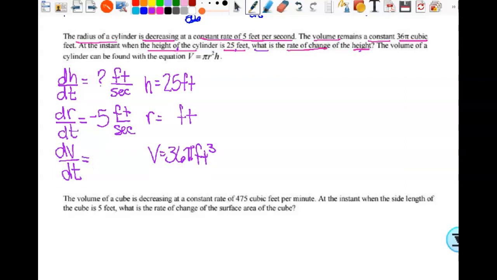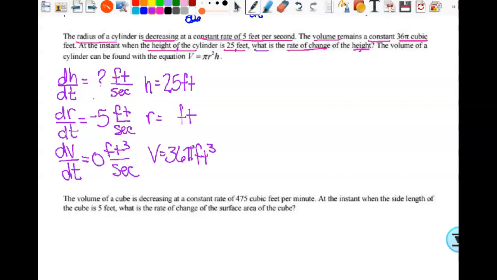So what is dV/dt here? 0. Why? Because it's constant. The height is changing, but at this instant, what we're looking for is dH/dt, where the height is 25. The volume is always 36 pi, so the rate at which it's changing is 0 feet cubed per second.